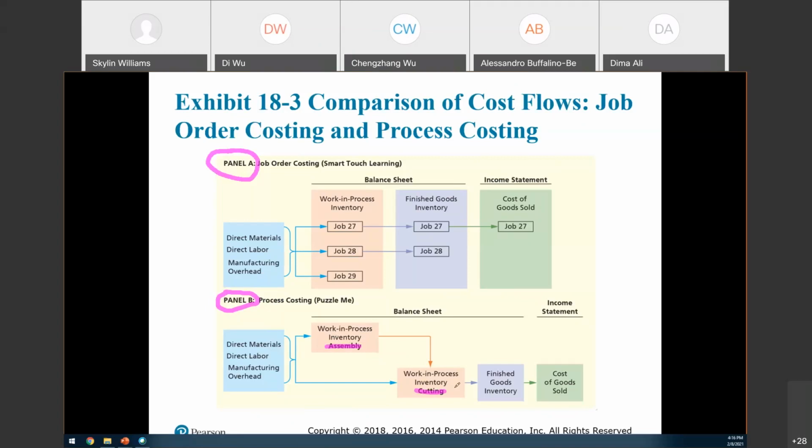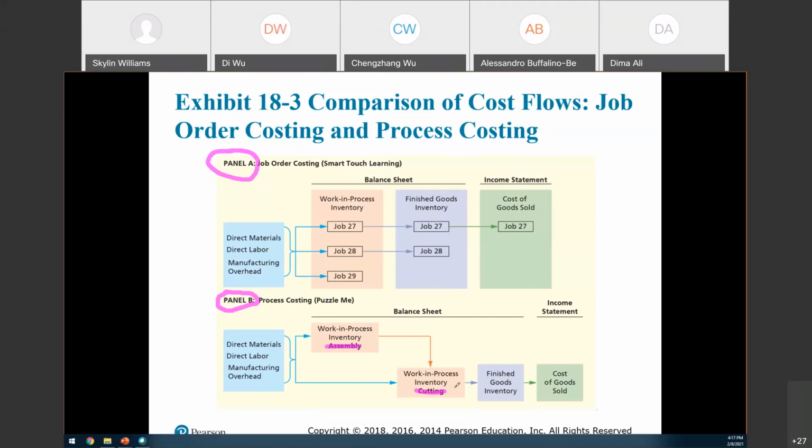While we learn this chapter, we have some basic assumptions. First, each process is a separate department, and each department has its own WIP inventory account. Second, direct material, direct labor, and manufacturing overheads are assigned to WIP inventory for each process that uses them.